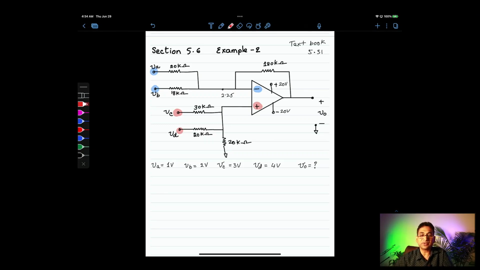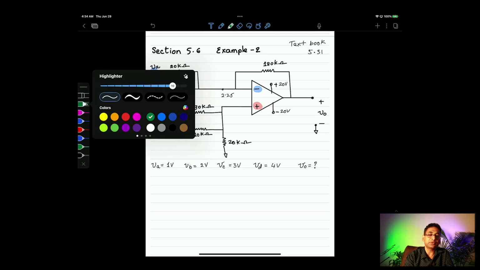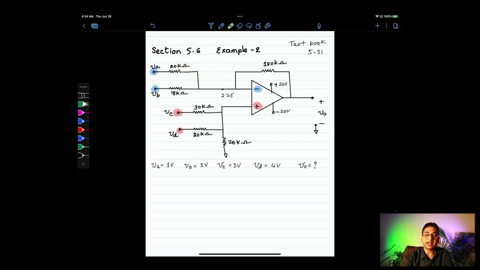Because you do that, it is a difference amplifier. Input is applied both to the inverting terminal and the non-inverting terminal, plus there is a negative feedback configuration. So we want to analyze this circuit.